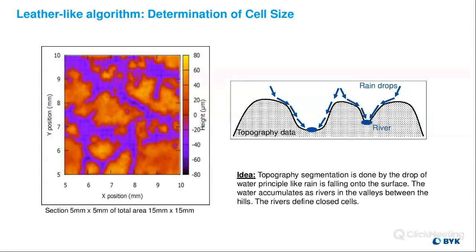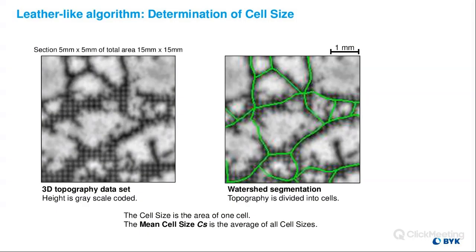And then again, once these surfaces are segmented into these individual cells, we can calculate the mean cell size. And so it calculates, here we have the total area of the image is 15 by 15 millimeters. So it's going to calculate the size of each cell individually.